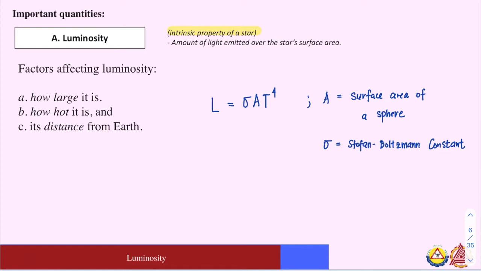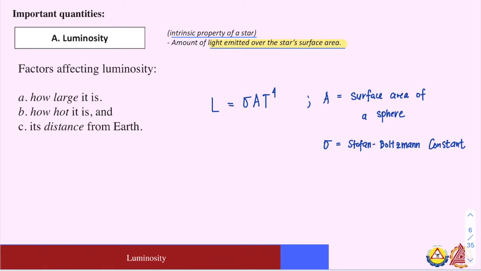As I was saying earlier, you will get to understand what luminosity is. Now, as you can see on your screen, luminosity is the intrinsic property of the star. So this is actually related to the amount of light emitted over the star's surface area. So that is your luminosity.